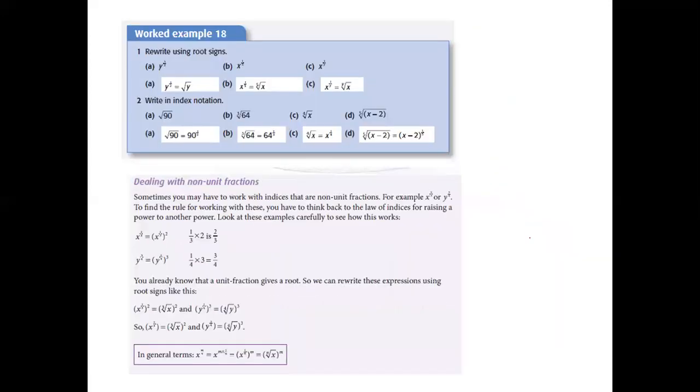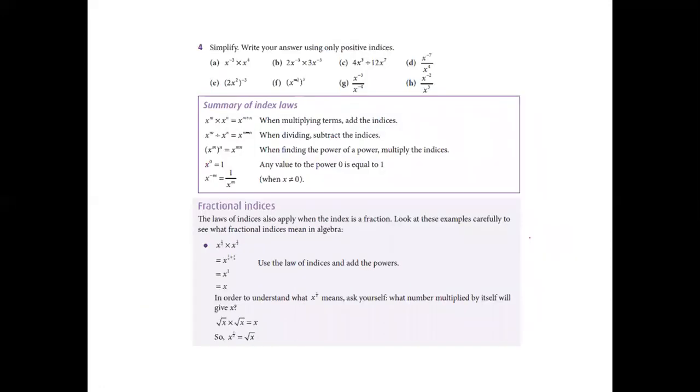Okay. And simplify, write the answer using only positive indices. It's your turn. If you want to check yourself, please check it. And if you want to send me your answer, that is also okay.